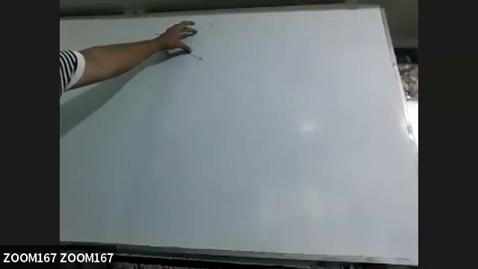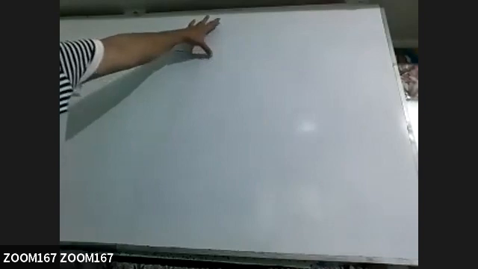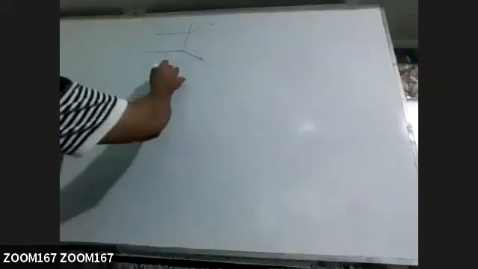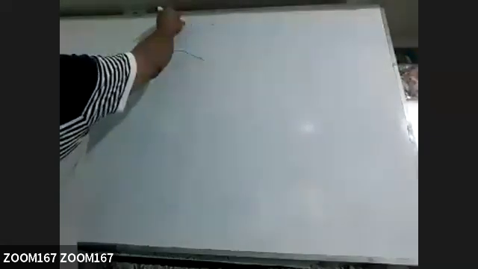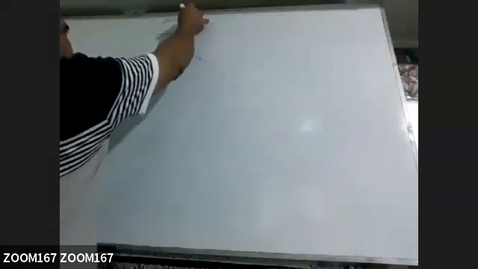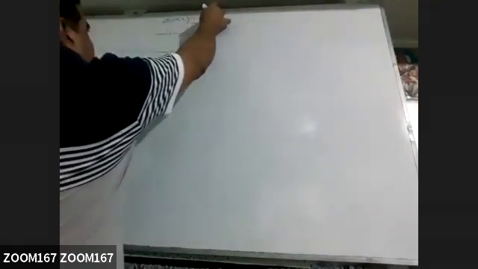What is this section? The width of the beam was like this here. After passing through this, width has increased. So this we call diverging action.